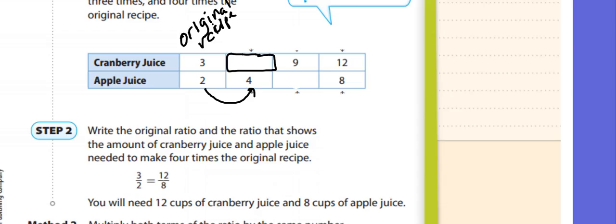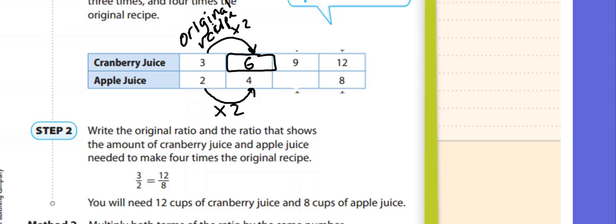And I hope in your mind you think, well, we would double it. So we would multiply that by 2. Well, if you multiply one part of a recipe by 2, you have to multiply the other part of the recipe by 2. So that's what this table is trying to get you to notice, that the next set over from our original recipe is just doubled. So the cranberry juice would double from 3 cups to 6 cups, and the apple juice would double from 2 cups to 4 cups.